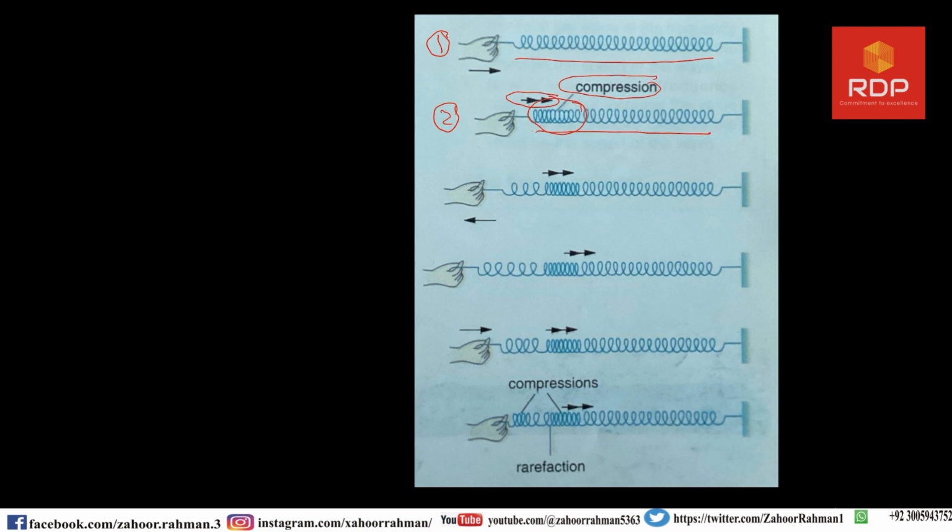Now this compression will move forward, as you can see in the third case, and as a result the place where first we were observing the compression now became the rarefaction, and the neighboring spring area is compressed.